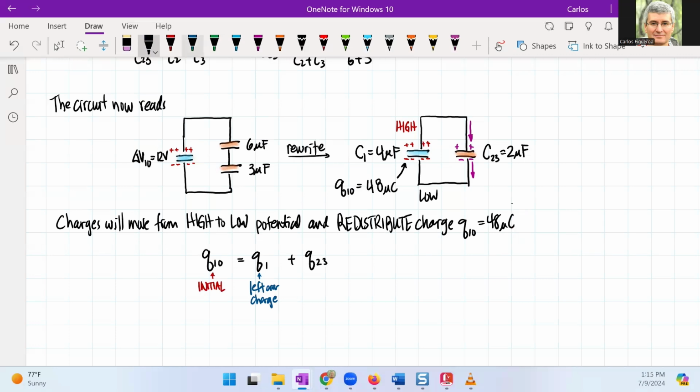So this guy right here is the transferred charge from capacitor 1 to capacitor 2.